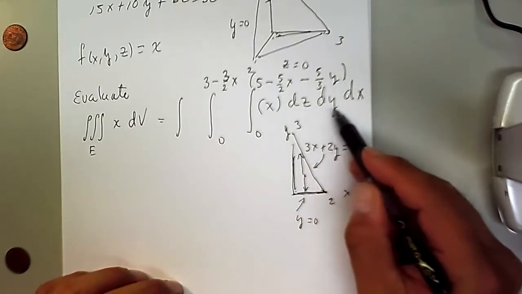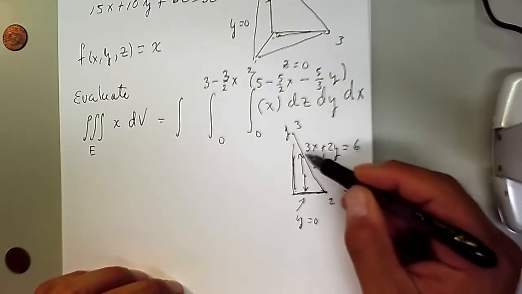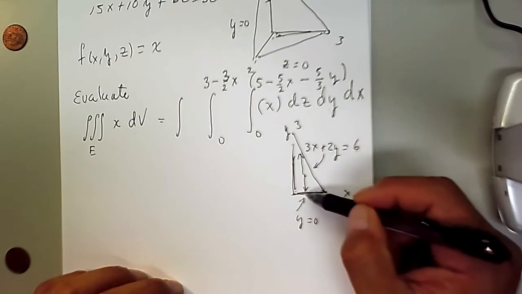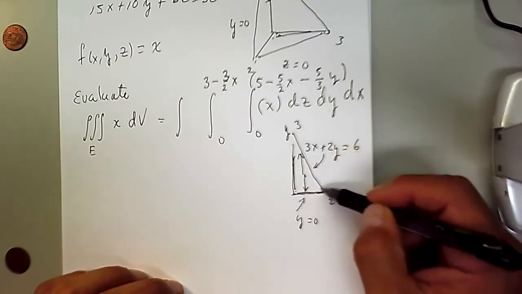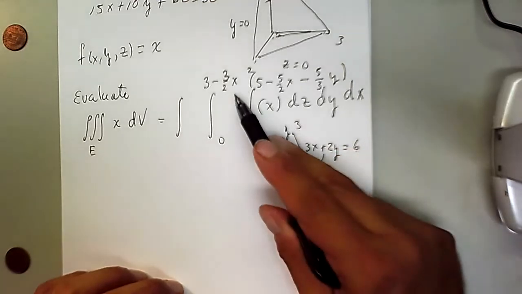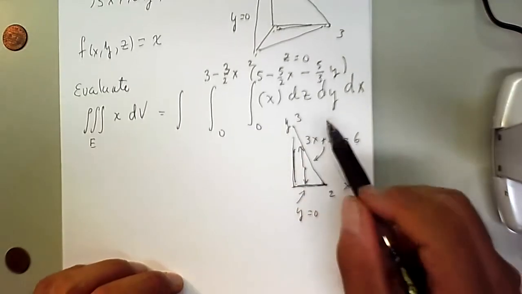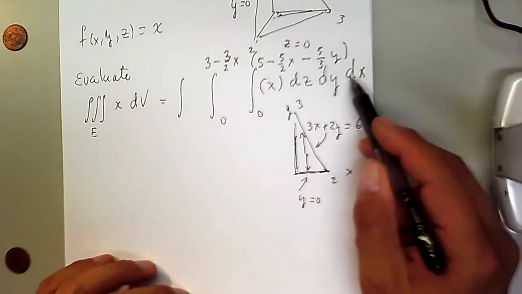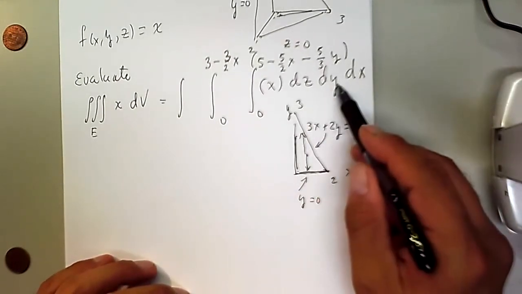Next, we're integrating with respect to y. So we go from 0 to, well, we figure out the equation of this diagonal, and then we integrate from 0 to the y value for this diagonal, and that's it. Then we integrated with respect to y. So y is gone after that integration.